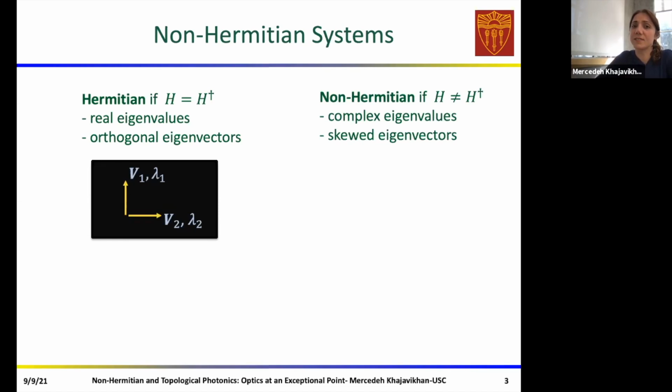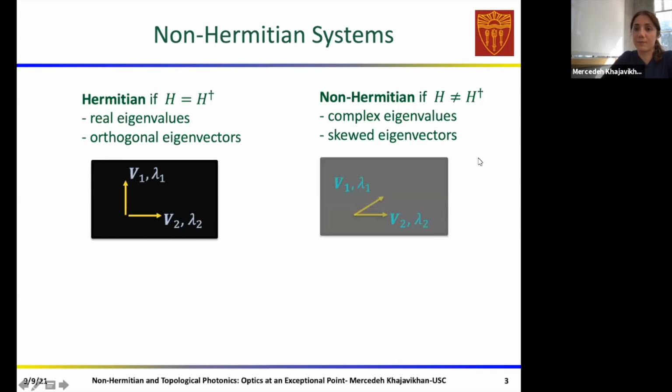Now, as opposed to these Hermitian systems, we can also have non-Hermitian systems, which, again, from linear algebra, means that their Hamiltonian is no longer self-adjoint. And such systems can, in principle, support complex eigenvalues, and they have eigenvectors that are no longer orthogonal to each other.